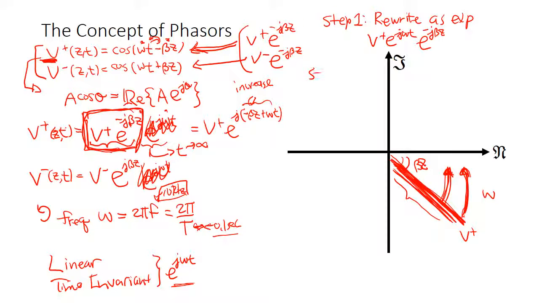And then step 2, we get rid of the e to the j omega t term. So all we have to do is scratch that out, and our final answer is simply V plus e to the minus j beta z.